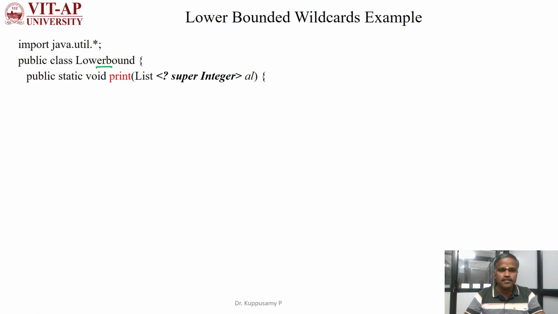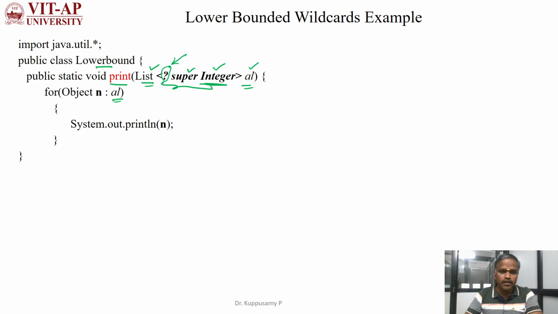The lower bound is the class we are using, then a method is defined which carries the List interface. Here we are carrying any data type of the class, super class, parent class, then the super keyword, then the class defined here, which should be a subclass or child class, and it carries the data through this argument.